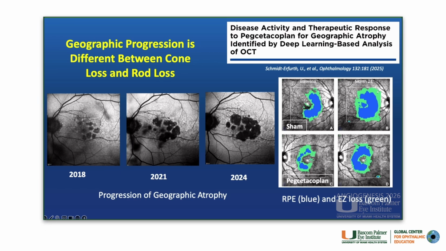These results were also published and demonstrated by Ursula when she used AI to understand RPE loss and EZ loss, both in the sham group and the pegcetacoplan group. And again, you can see this extensive rod loss before the cone structures are affected.